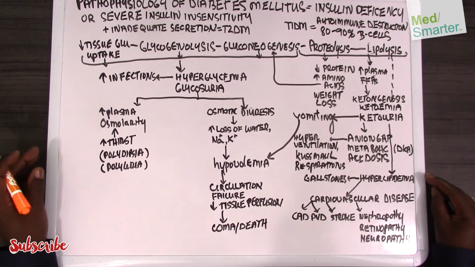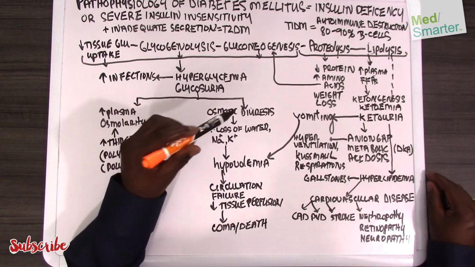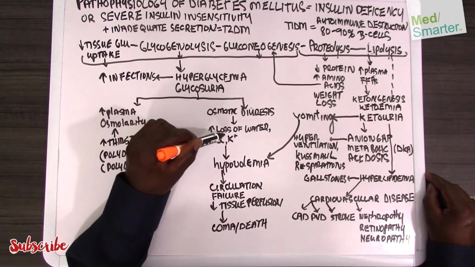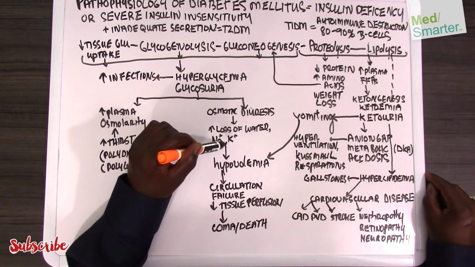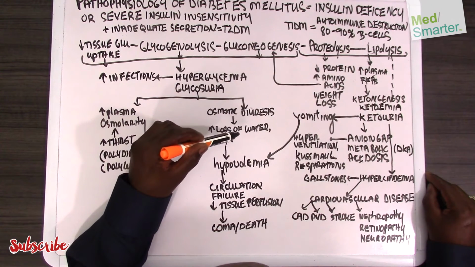The hyperglycemia is also going to result in an osmotic diuresis. That osmotic diuresis is going to cause an increased loss of water, sodium, potassium, and other electrolytes such as magnesium and phosphorus in the urine.